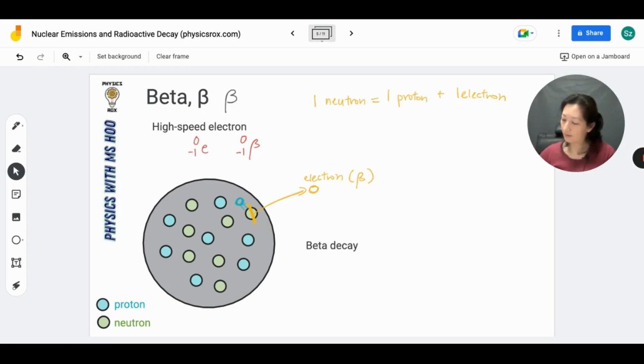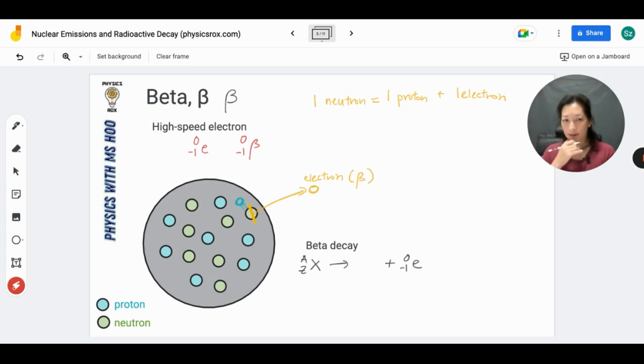Starting off with AZX to represent the radioisotope, again, we have the daughter isotope and the beta particle. I'm going to put the beta particle at the second part of the equation. So we have over here the daughter isotope.